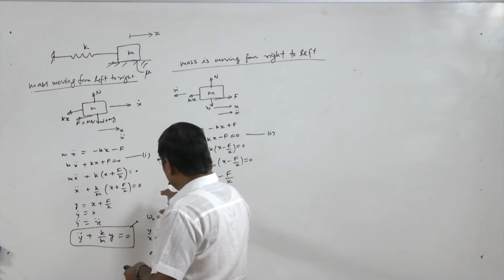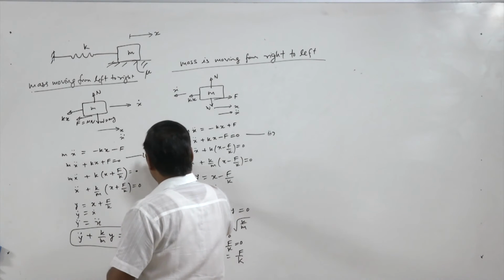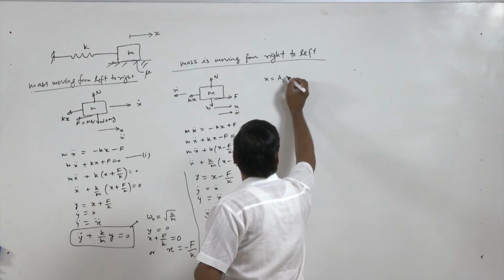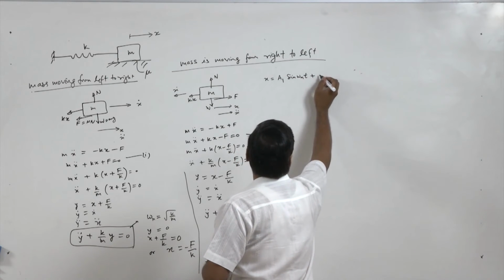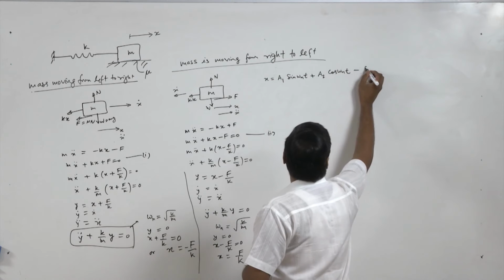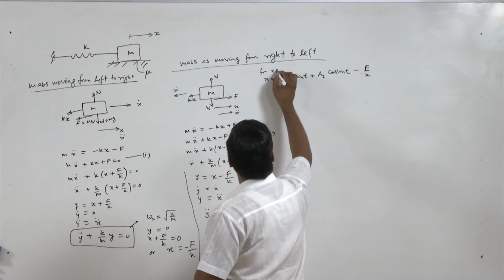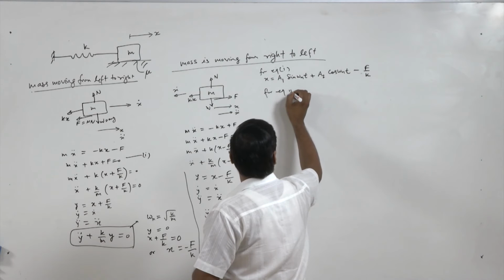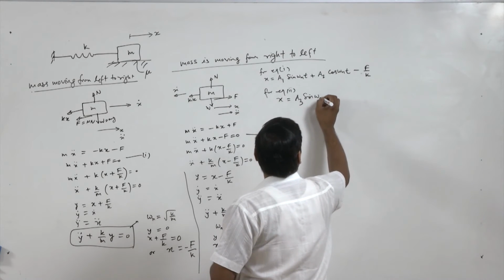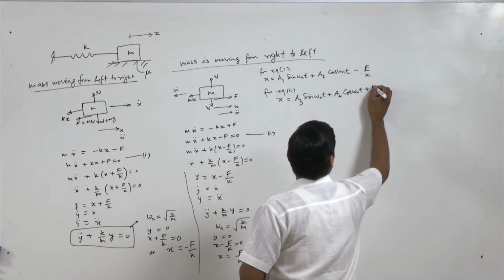The response of this differential equation, for equation 1, will be x equal to a1 sin omega nt plus a2 cos omega nt minus f by k, while for equation 2, x equal to a3 sin omega n t plus a4 cos omega n t plus f by k.